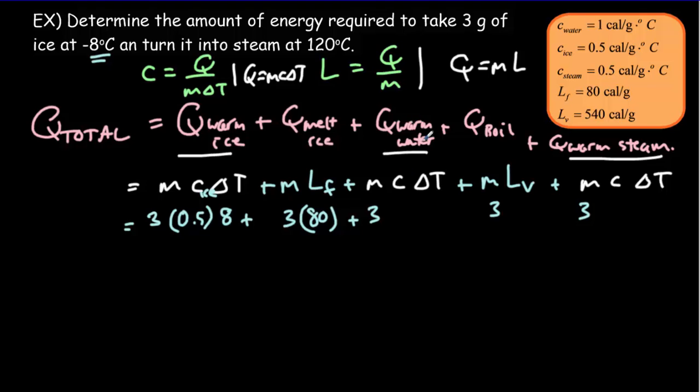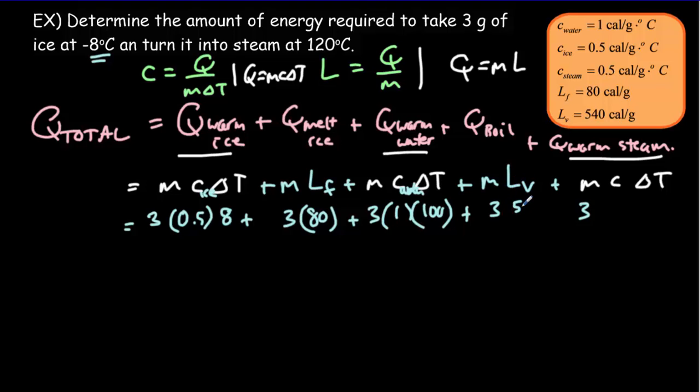This here is to warm water. So the C I'm using here, it's not the same as the C here. This is the C for water. And it turns out to be 1. And now we're raising the temperature from 0 degrees to 100. So we're raising it by 100 degrees. Then here, this is where we're boiling away the water.